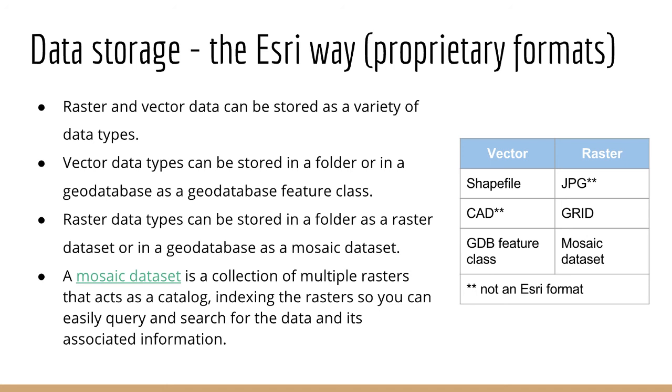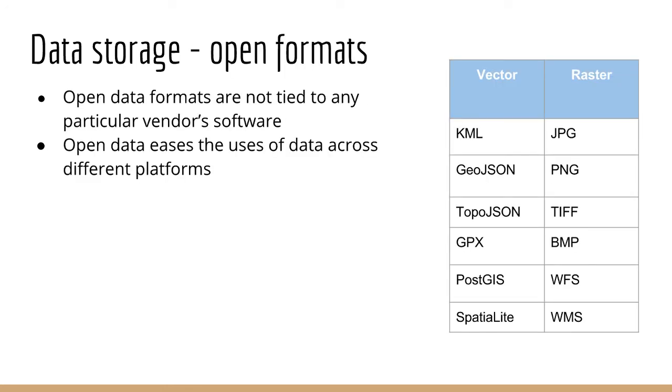Okay? There is a trend towards open formats, open data formats: KML, GPX, PostGIS, WFS, WMS. All of these are open data formats. Open data eases the use of data across different platforms.